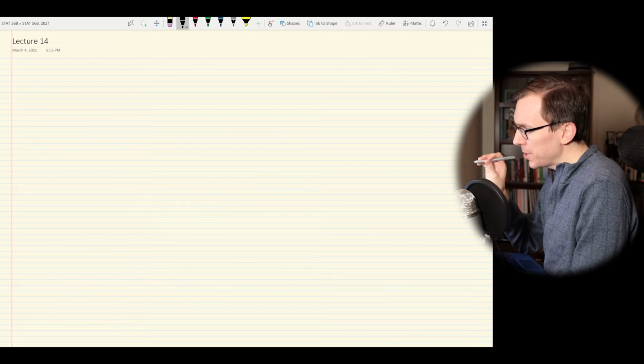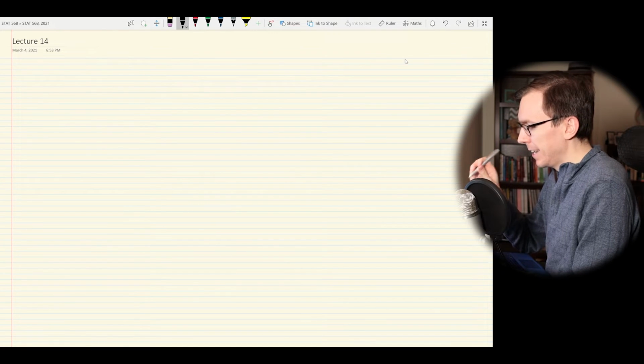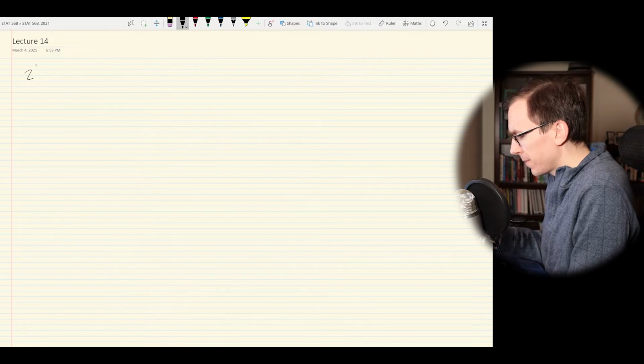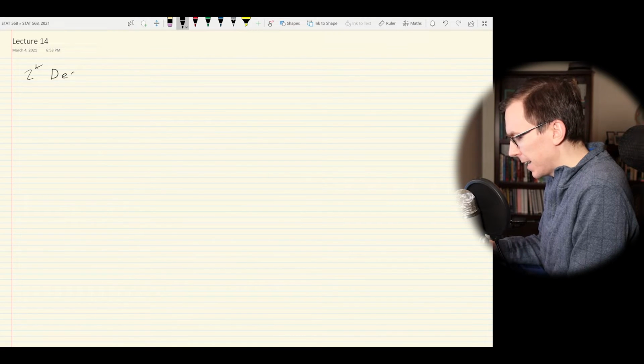All right, well, before we jump into the idea of a 3 to the k factorial design, let's just look quickly at the idea of a 2 to the k design again.